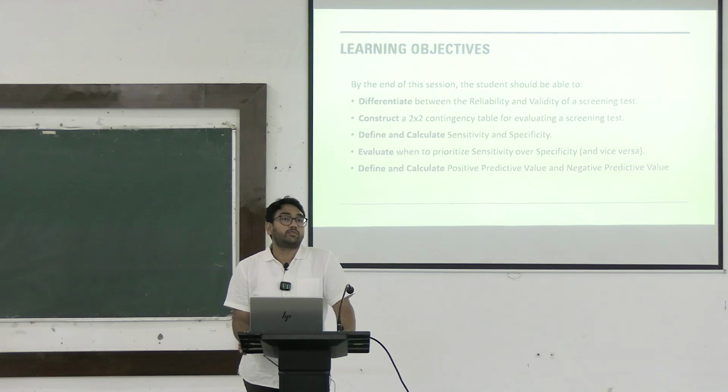Next, from that 2x2 table, we will learn to calculate sensitivity, specificity, positive predictive value and negative predictive value. And we will realize when to prioritize which: when to prioritize sensitivity, when to prioritize specificity, when to prioritize positive predictive value and when to prioritize negative predictive value, right?